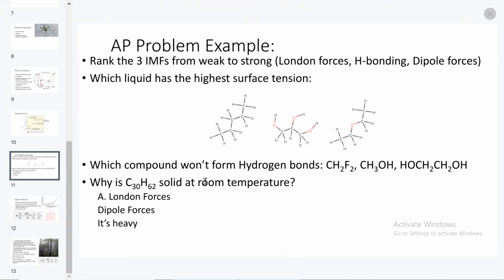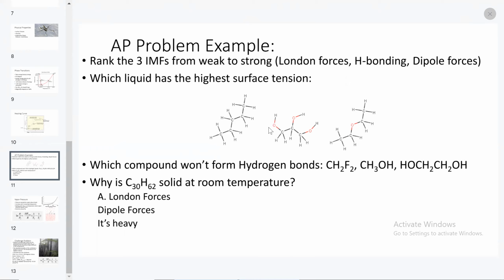So this one has only London forces. We don't have any dipoles and we don't have any hydrogen bonding. And although this one does have a dipole moment, we don't have any hydrogens bonded to electronegative atoms. So this one does not have hydrogen bonding. This one does have hydrogen bonding though. We have our hydrogens bonded to oxygen and we have lone pairs.